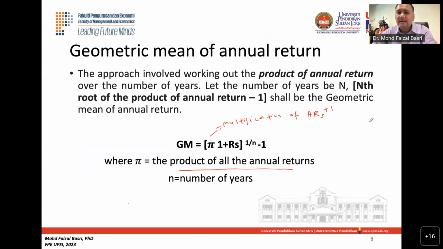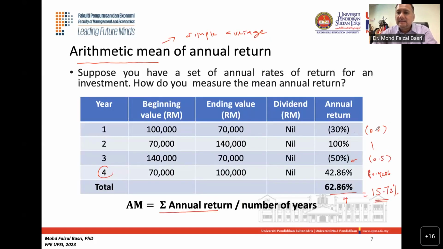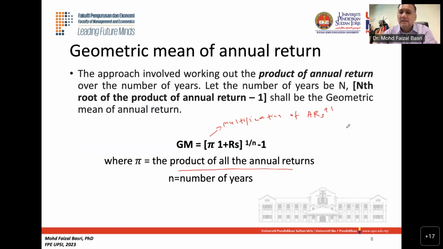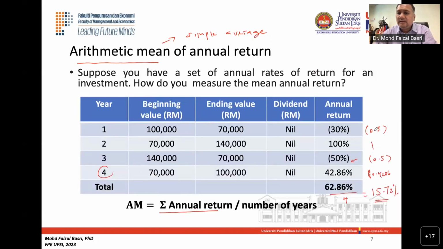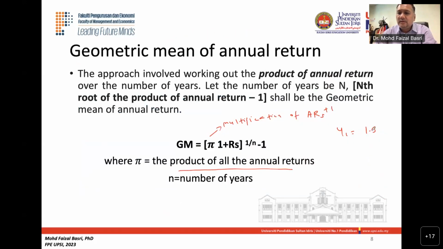So meaning, for 0.3, if you add 1, it will be, for example year 1, 1.3. When you add 1, so meaning R plus 1.